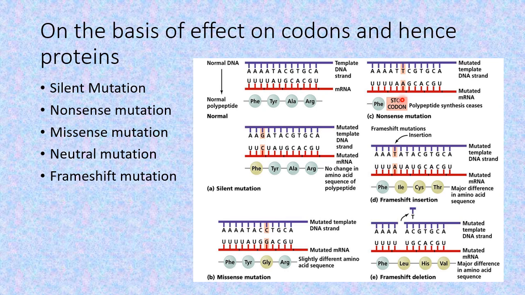So now this protein formed is incomplete. The translation process stops at this point when it encounters the stop codon. So this type of mutation that generates a stop codon in the messenger RNA is known as the nonsense mutation.